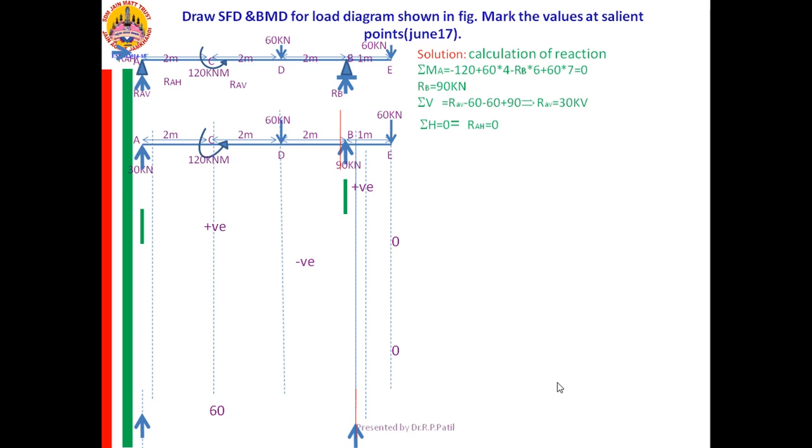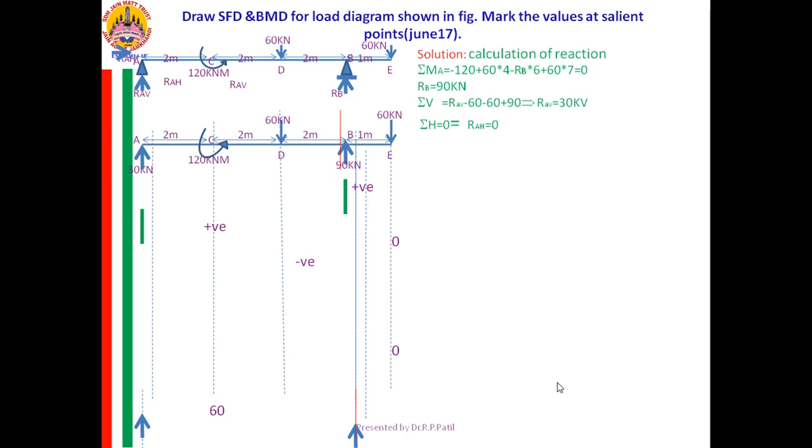Here a distributed load is not there, only point loads are there. Therefore, I need to calculate the SF at left and right of A, left and right of D, left and right of B, left and right of E. I didn't tell anything in connection with the couple, anyhow. I told you that a couple is formed by two equal and unlike forces. Therefore, it will not come into the calculation of the SF.